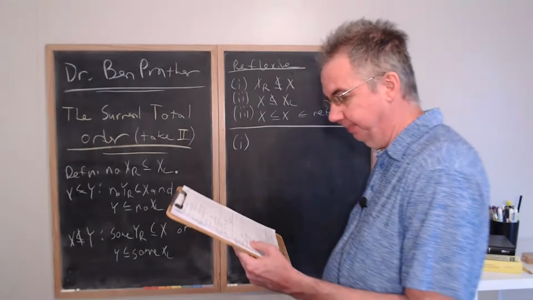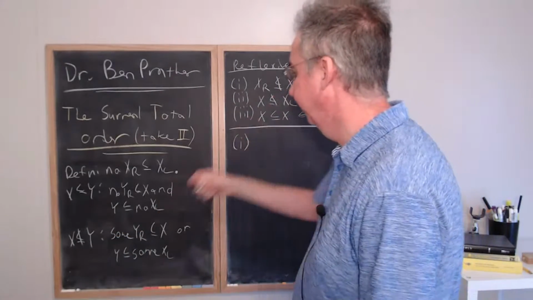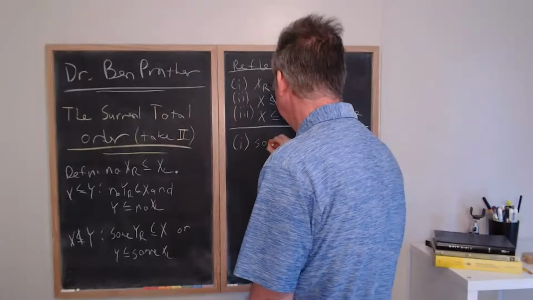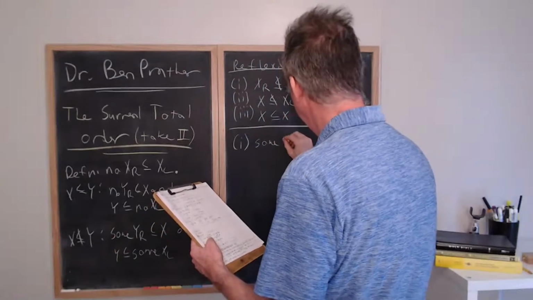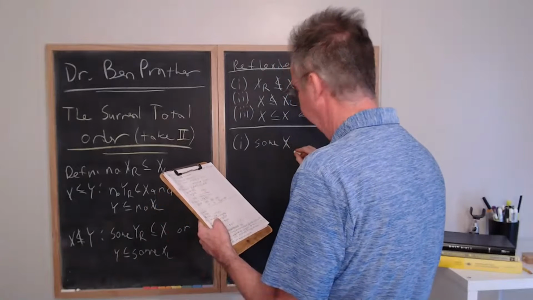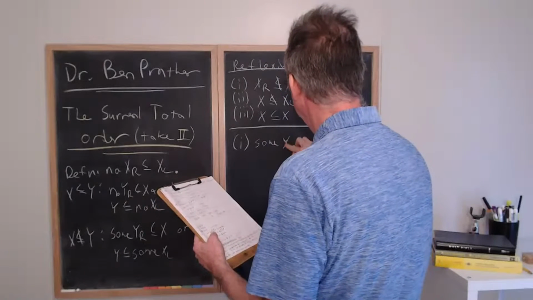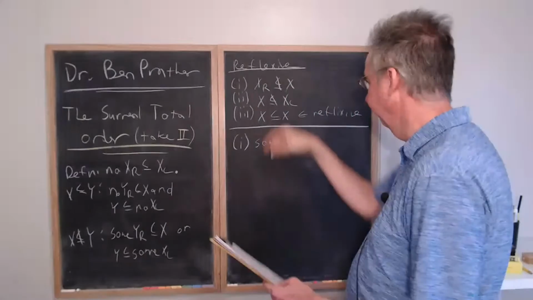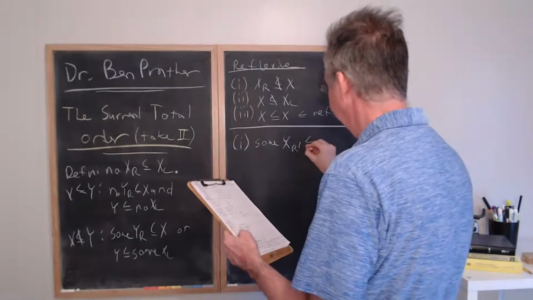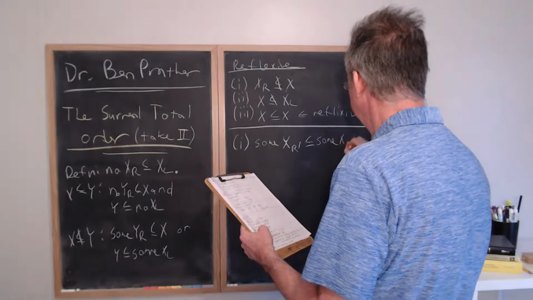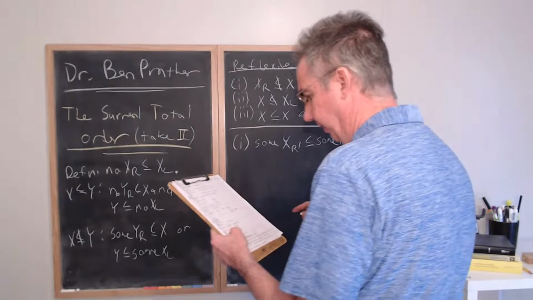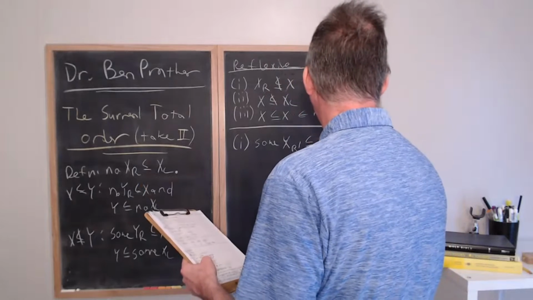Okay, so if we follow this definition from here, what we're saying is that some x sub r prime, this is some new thing in x sub r different from that one, is less than or equal to x sub r.